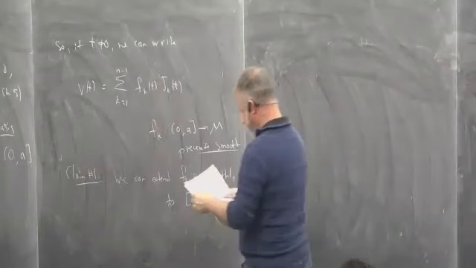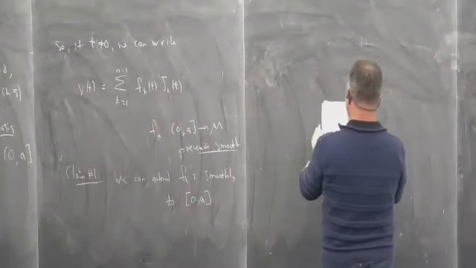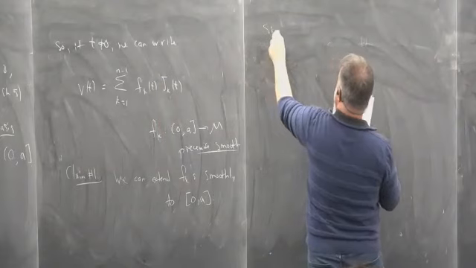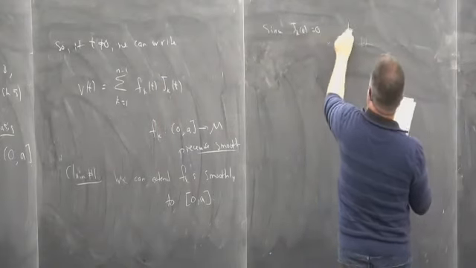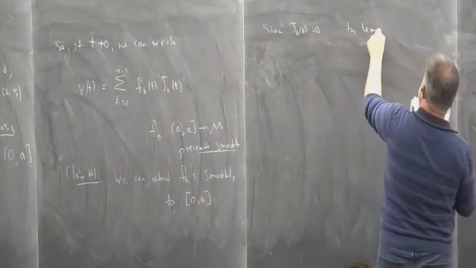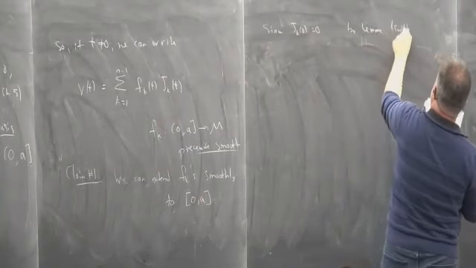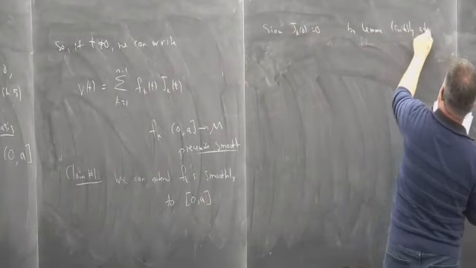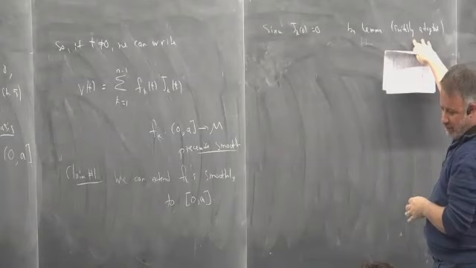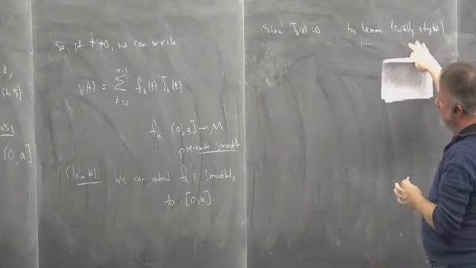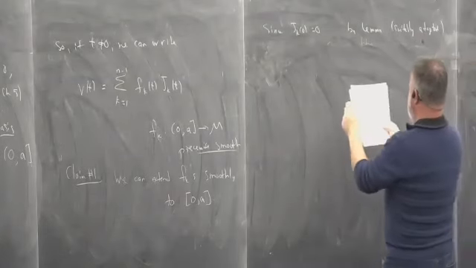Here's where I'm going to use that calculus fact that I erased. So since JK of 0 equals 0, by the lemma, really suitably adapted. I did this lemma for real valued functions, but as long as I take values in a fixed finite dimensional real vector space, or any real vector space, the lemma still works.